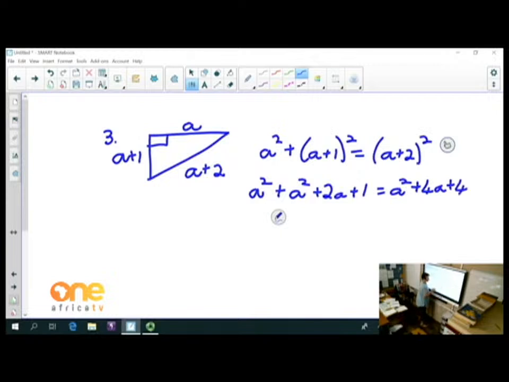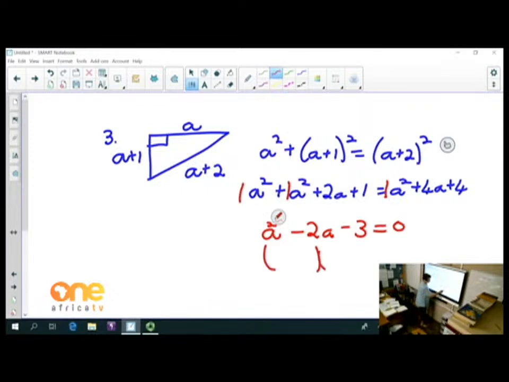Again, if I bring them all over, remember if there's nothing, there's a 1. So this is 2a squared minus that 1 is a squared. Then 2a, if I bring this one over, it's minus 2a, so negative 2a, and plus 1 minus 4, if you bring it over, is negative 3 is equal to 0.